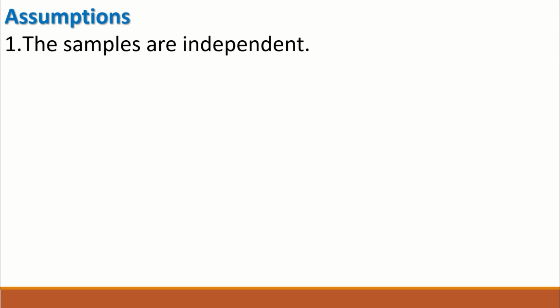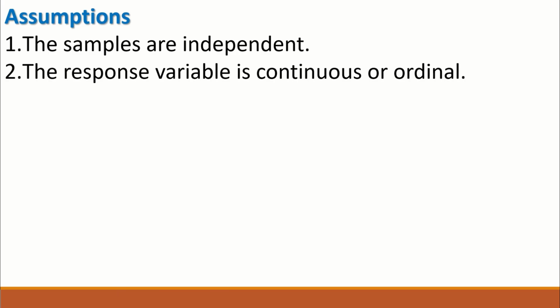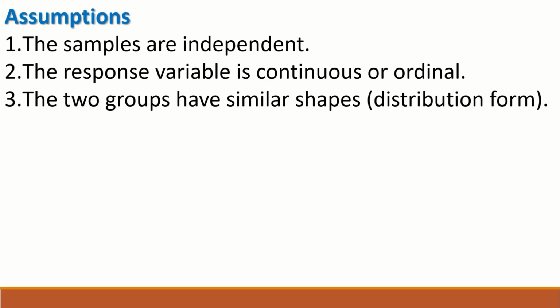So assumptions for the Mann Whitney U test are that the samples should be independent, separate, unpaired. The response variable, which is the dependent variable, is continuous but not normally distributed, or ordinal.